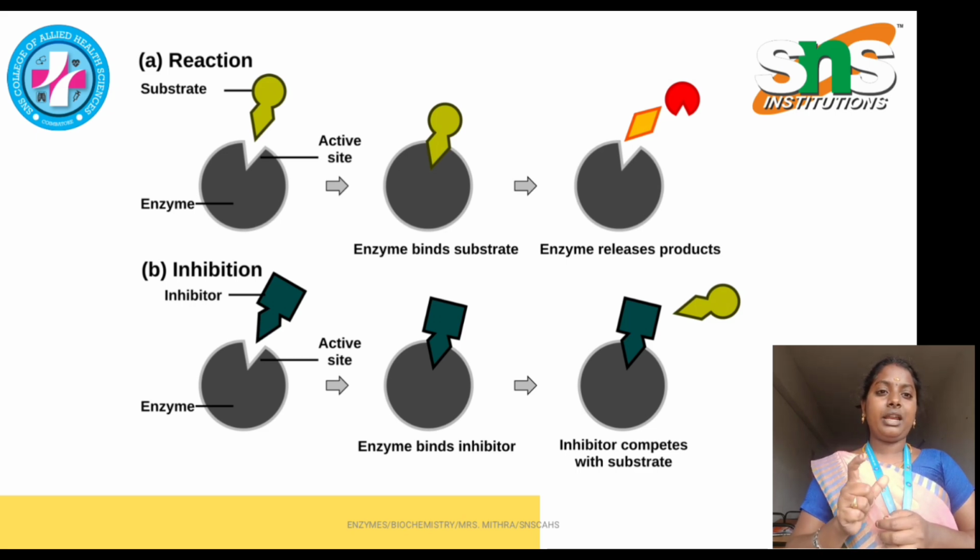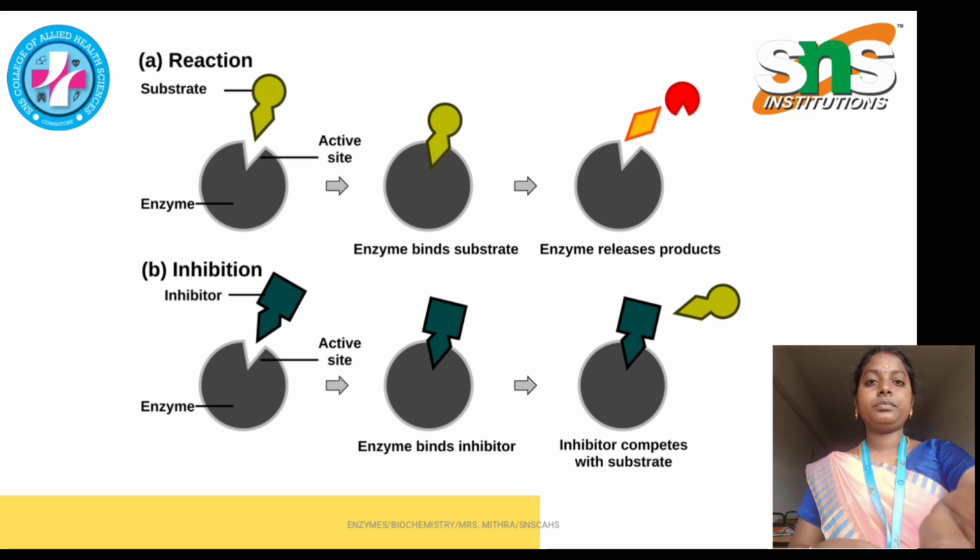The inhibitor binds in the substrate's place, so the normal substrate can no longer bind to the enzyme, and hence no product is released.